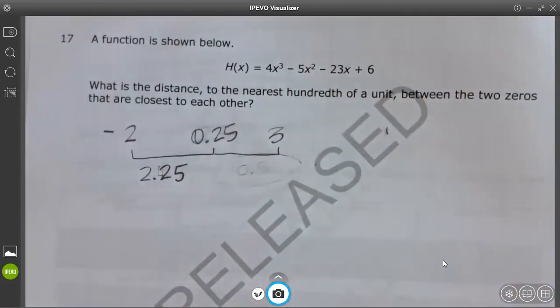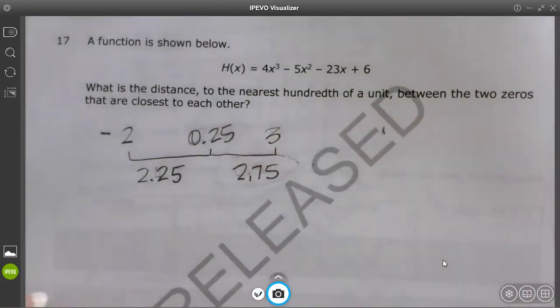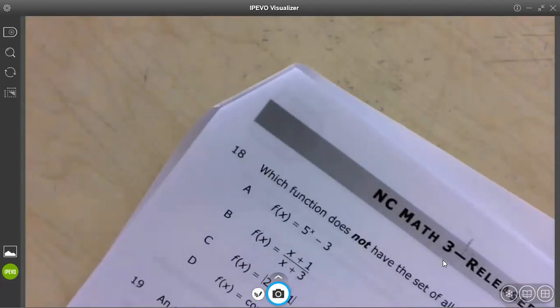And then 0.25 to 3. Say it again. So now which one's the closest? There you go. Sorry, y'all. Always correct me. Any questions on 17? I think that's about the last one we can use with Desmos.